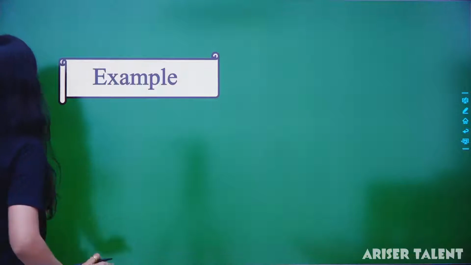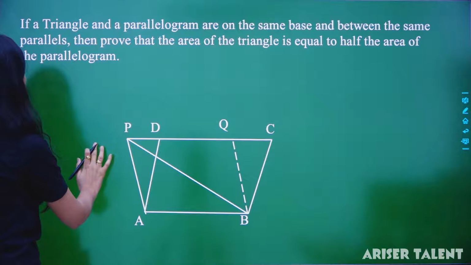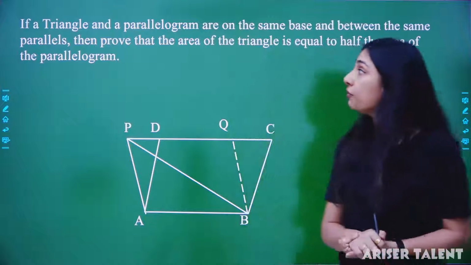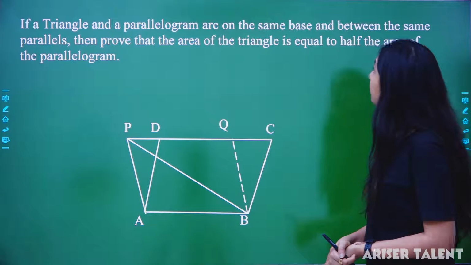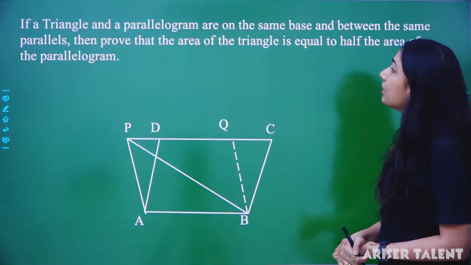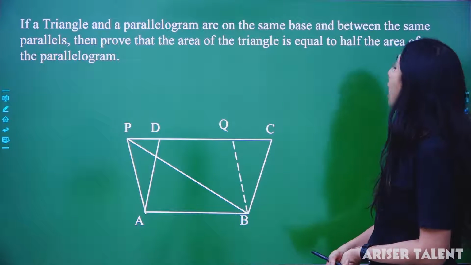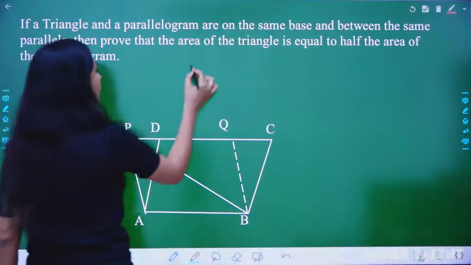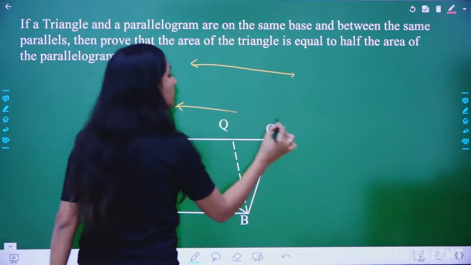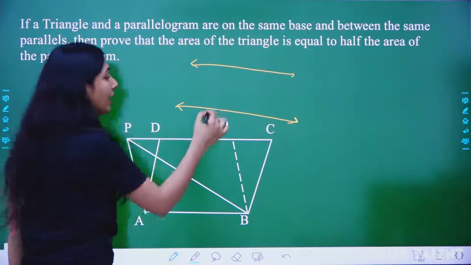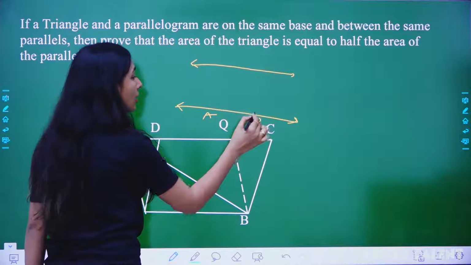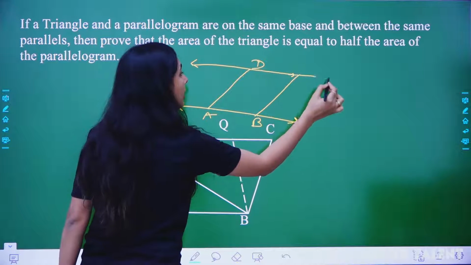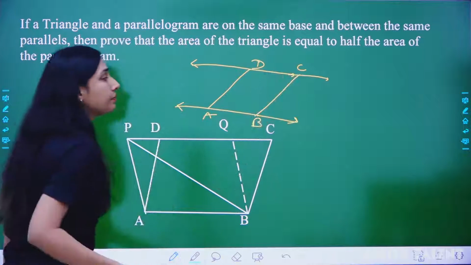Now the next. If a triangle and a parallelogram are on the same base and between the same parallels, then prove the area of the triangle is equal to half of the area of the parallelogram. In this question, if I have drawn two parallels and have some base AB, I will have a parallelogram ABCD here.